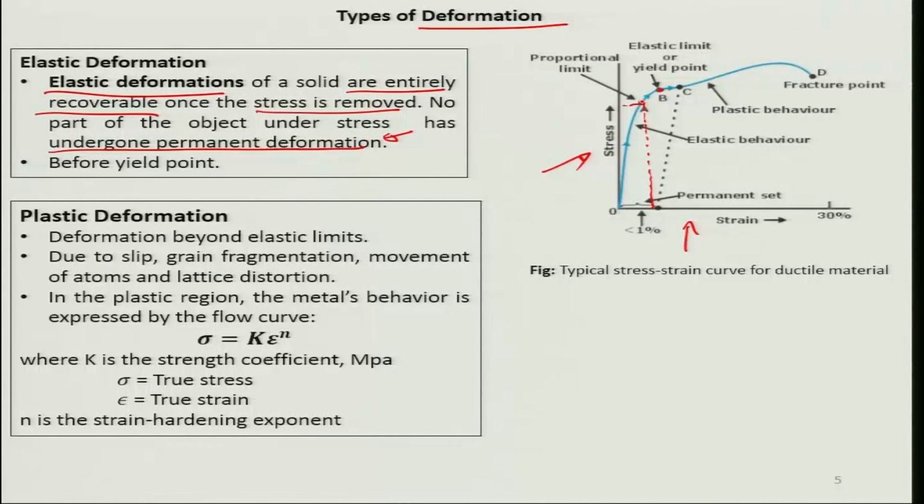So this point B then is known as the yield point or the plastic limit, and deformation beyond this elastic limit, typically the curve from B to D region, is also known as the plastic deformation or the plastic flow.